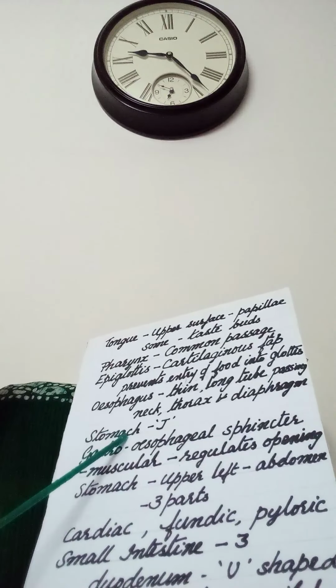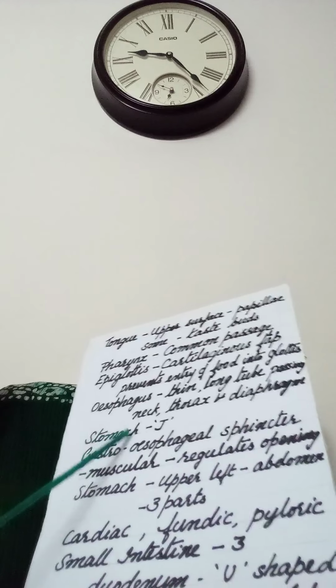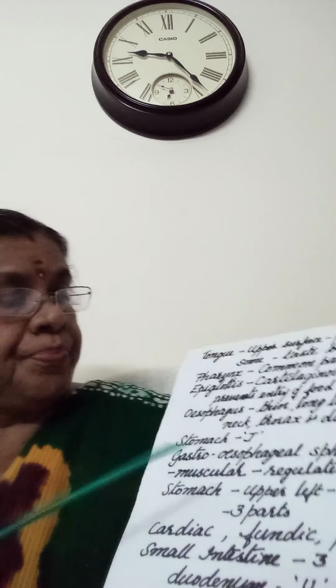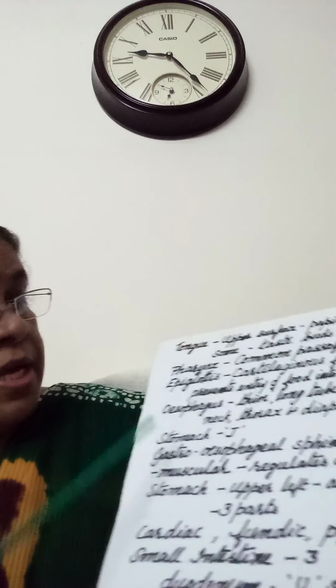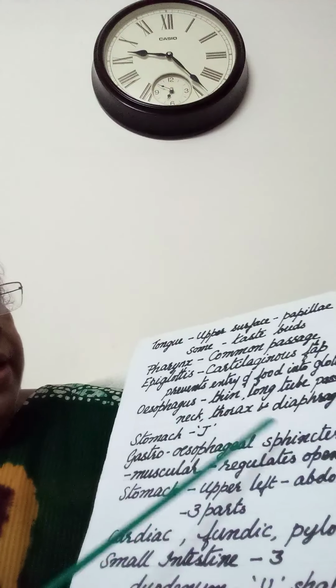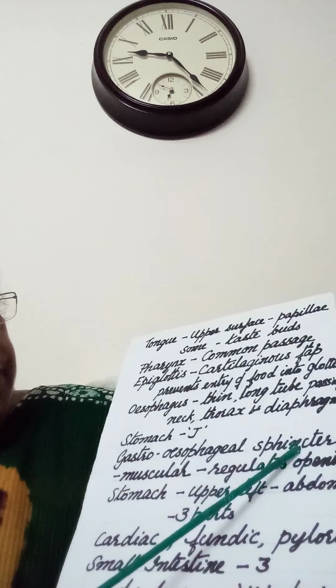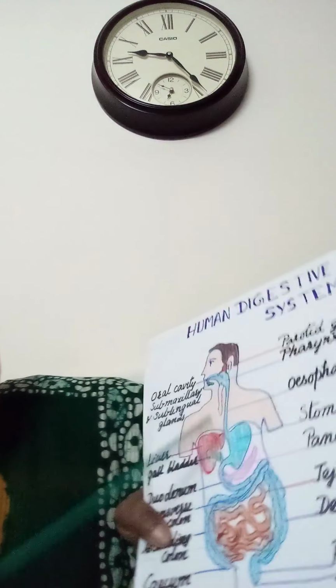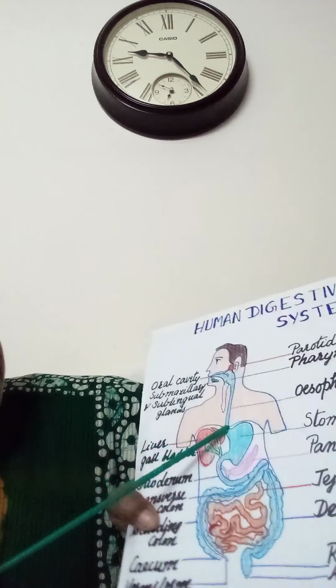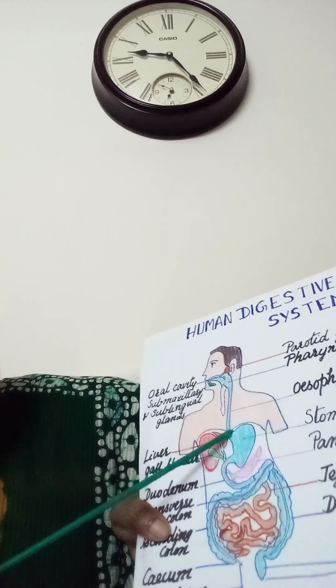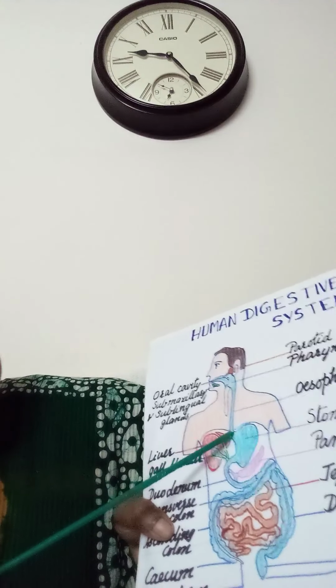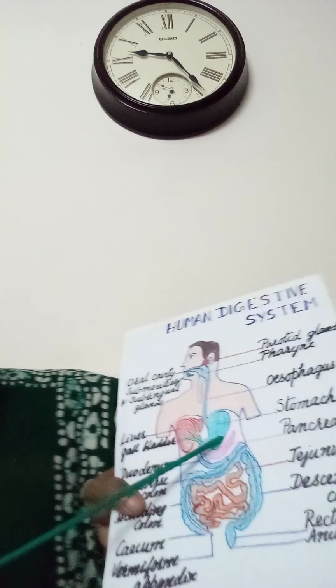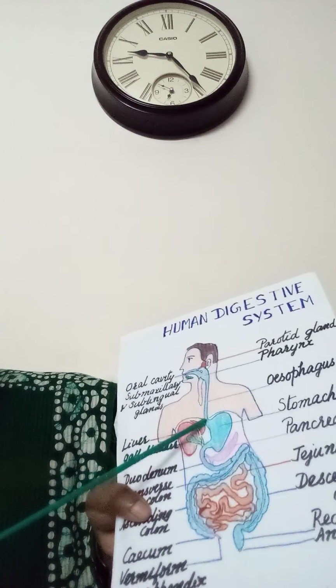Between the stomach and the esophagus, or you can say at the junction of the stomach, we can see the gastroesophageal sphincter. That means between the esophagus and stomach. So somewhere here we can see the gastroesophageal sphincter. That means between the stomach and the esophagus.